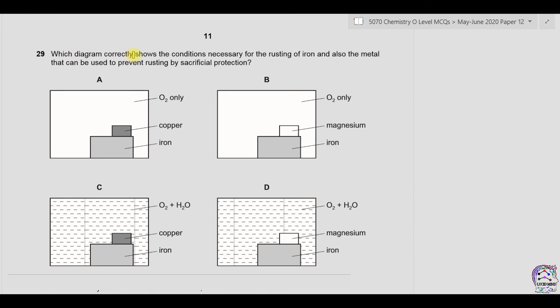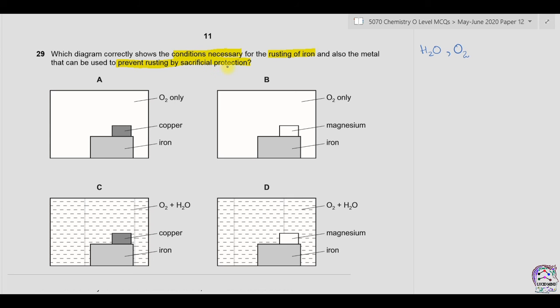Question 29. Which diagram correctly shows the conditions necessary for the rusting of iron and also the metal that can be used to prevent rusting by sacrificial protection? Now there are two parts of this question. In the first part they have asked about the rusting of iron. So we know that for rusting two things are a must. One is H2O and second is oxygen. The second part of the question is about sacrificial protection. So we know that any element that is more reactive than iron could be used for sacrificial protection.